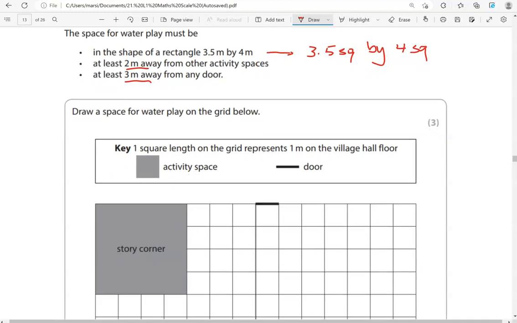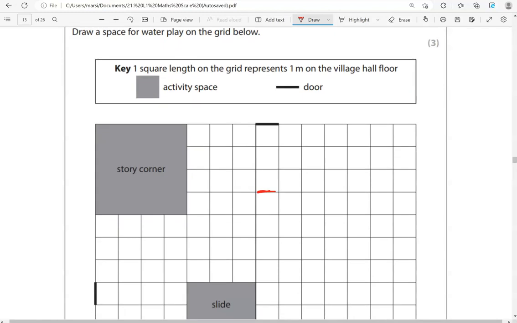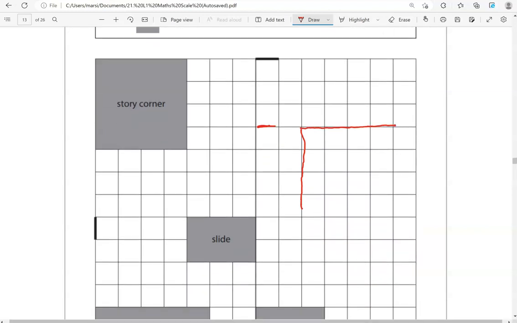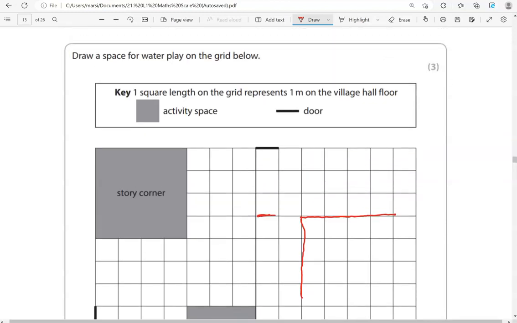Then we have a door, so 3 square lengths, 1, 2, 3. So 4 by 3.5. What if we do it here? So 1, 2, 3, 4 by 1, 2, 3.5. So that gives us the distance from the slide as well, which is 2 square lengths.